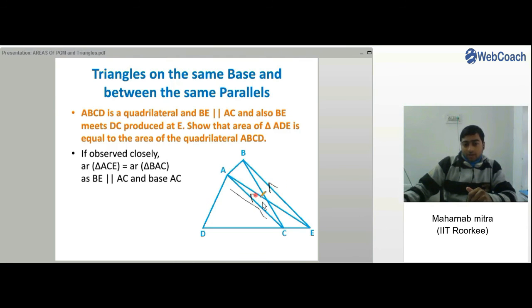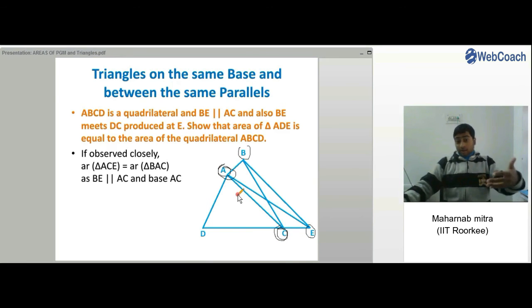BE parallel to AC, right? If we consider AC as the base and the two parallel lines AC and BE, you will see triangle ACE, which has the base AC, and triangle BAC, which again has the base AC.